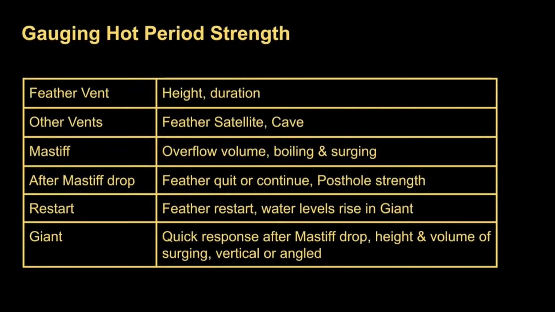So if you're thinking, well, I saw one that was different than that, yeah, you probably did. I'm really just trying to create a framework that will be useful in describing all the different stages of a hot period and the strength of those events and hot periods.